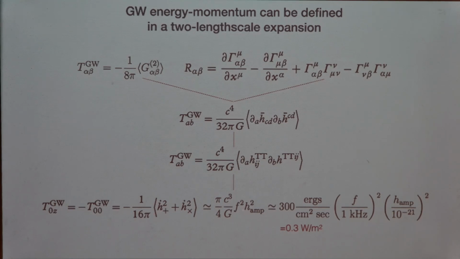So in frequency domain, you multiply by f and square it. And now for a typical binary that we detect on Earth with h of 10 to the minus 21 at 1 kilohertz, maybe it's a bit less, the constant in front of this amplitude is actually rather big. So 0.3 watts per meter squared.